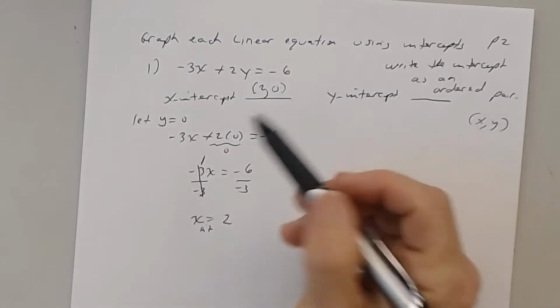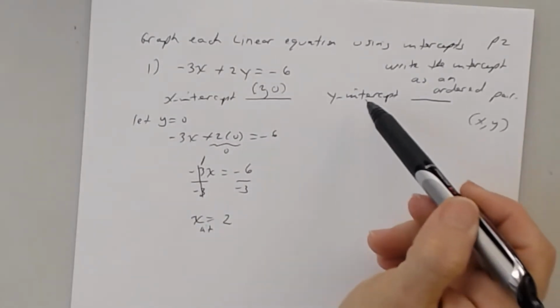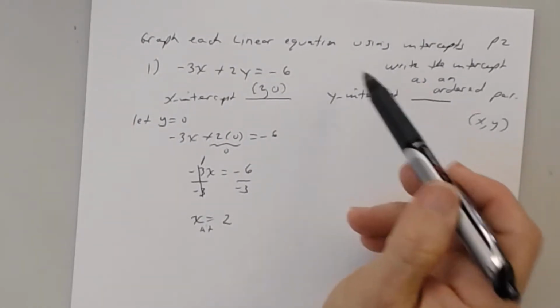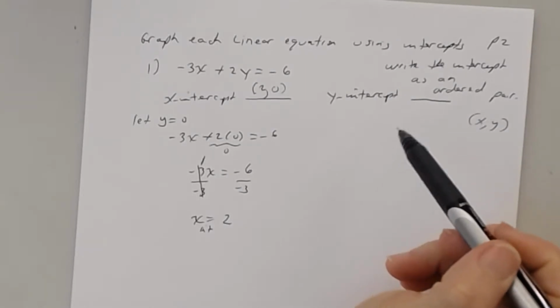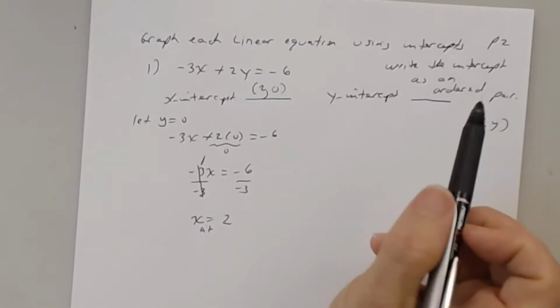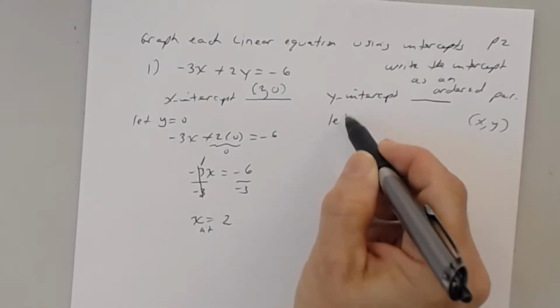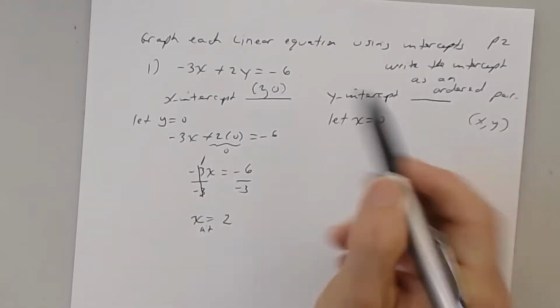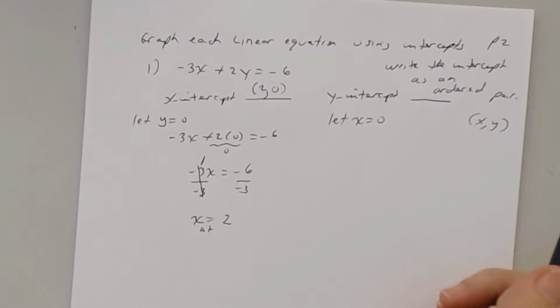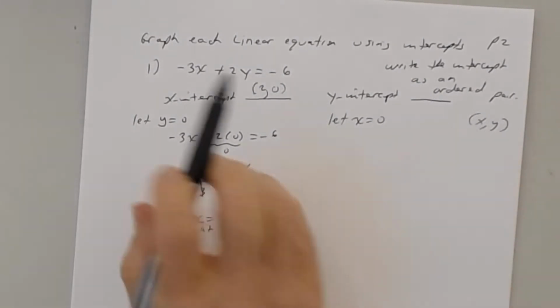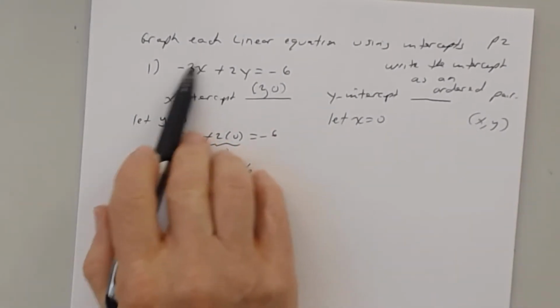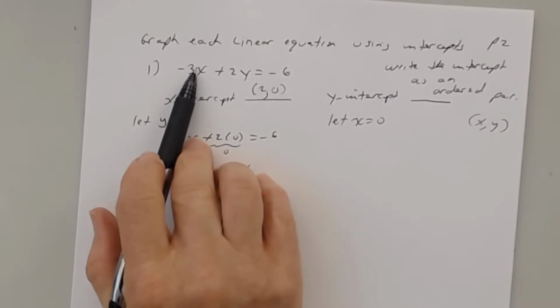All right, using that same idea, what do you remember about every y-intercept? X is 0. So if you want to find the y-intercept, you let x equal 0, and you do the same thing. So if x is 0, I get negative 3 times 0, which is 0.